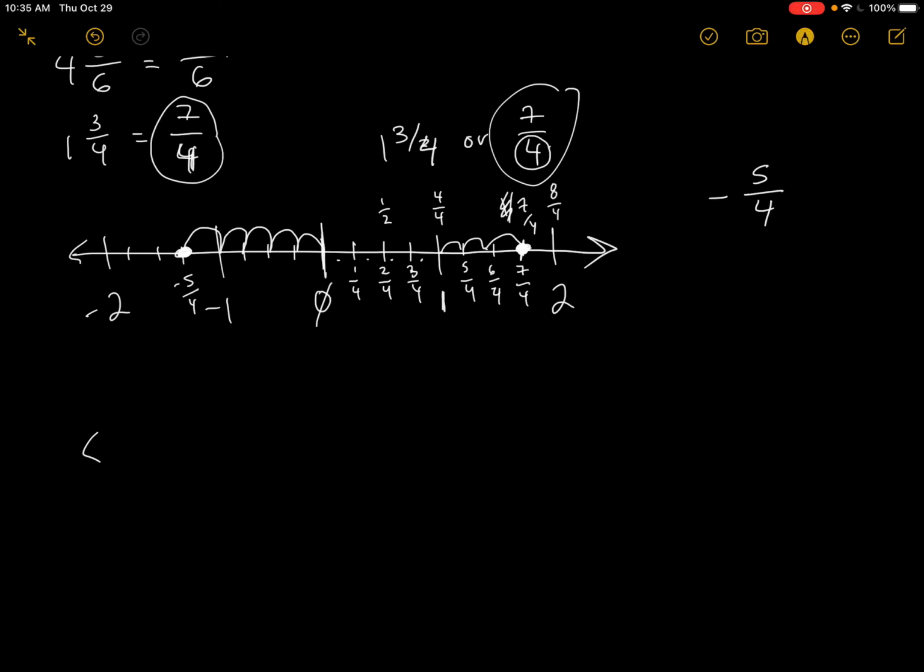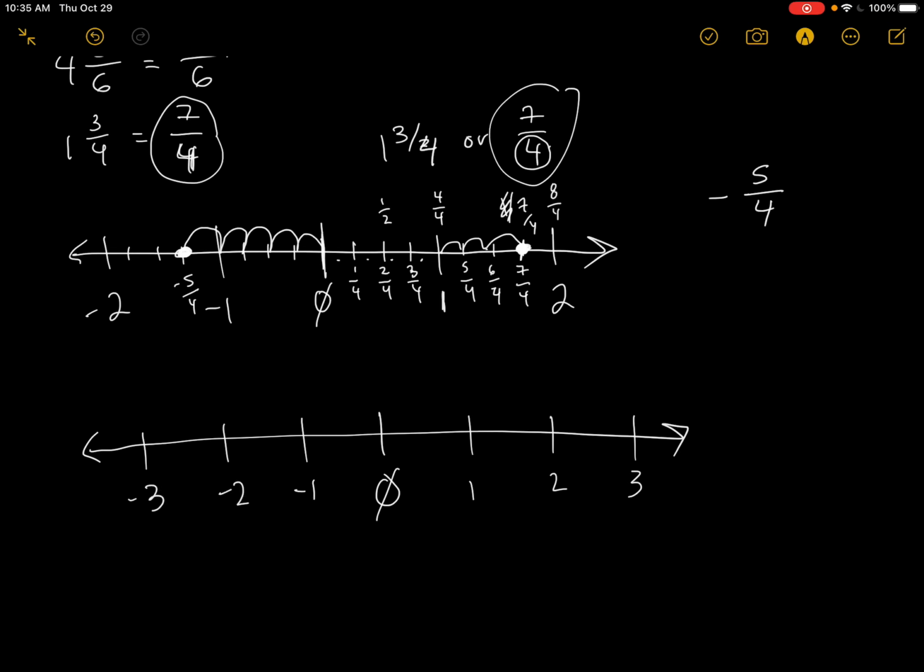Okay, let's just do a few more. This time I'm going to have fractions with different bottoms. So do your big numbers and then we'll break them apart according to what the fraction tells us.